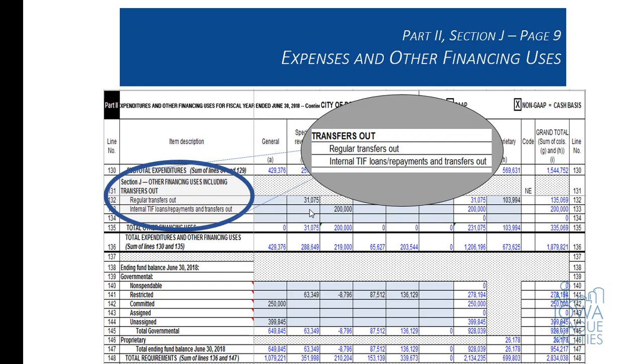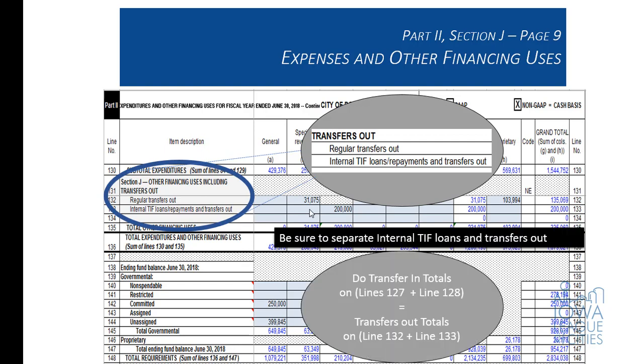We would recommend that you have a tally sheet of those transfers, so that if an auditor would come in for either an examination or your regular audit, they can see the breakdown of each of the transfers individually. Do transfers in and transfers out total? As we said before, they should. And if they do not, it'll be caught when we have the error page examination.